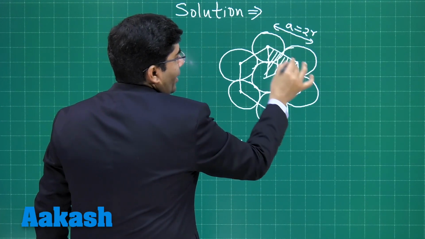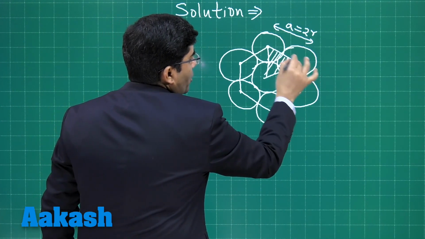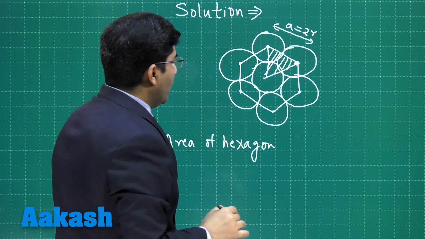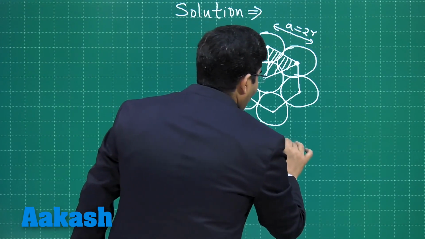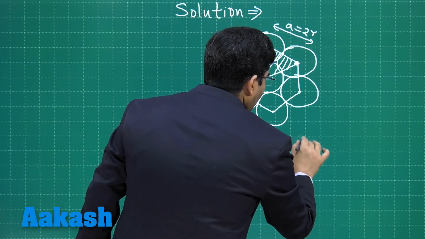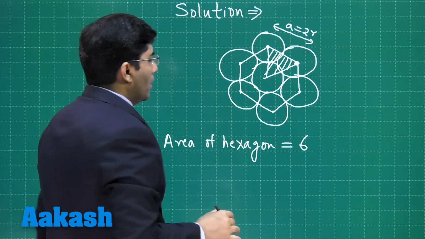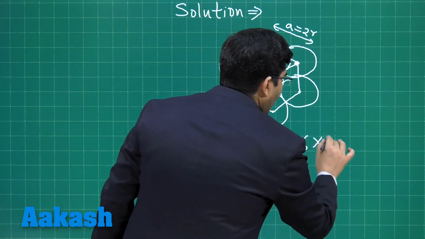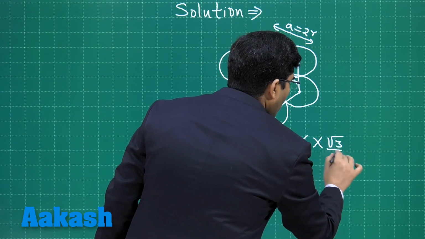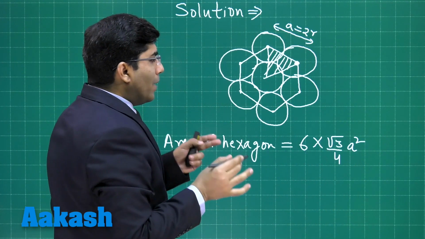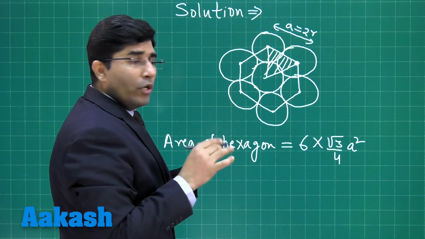From the center of this sphere to the center of this sphere, the distance will be 2r, and we are assuming it to be A. So that will be 6, because there will be 6 equilateral triangles, multiplied by root 3 by 4 into A square. So 6 multiplied by the area of equilateral triangle.